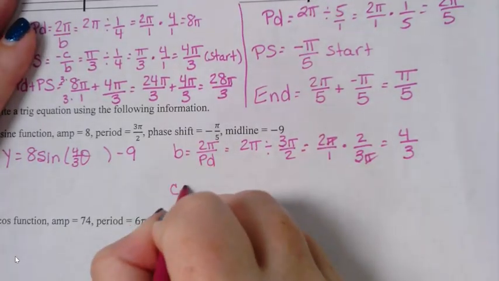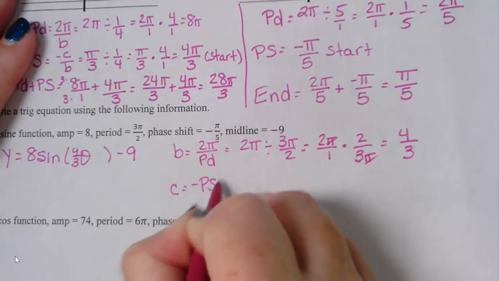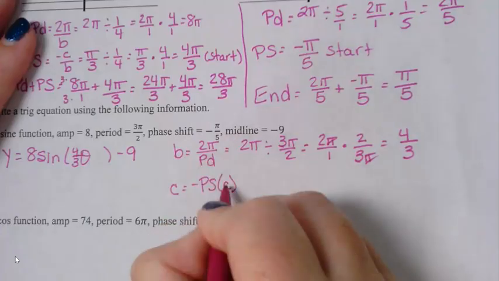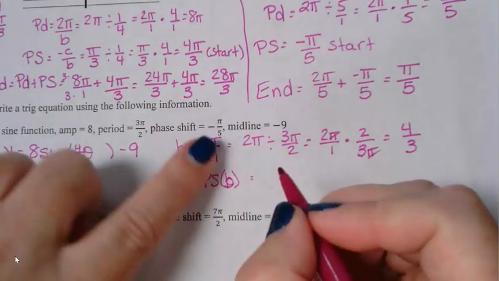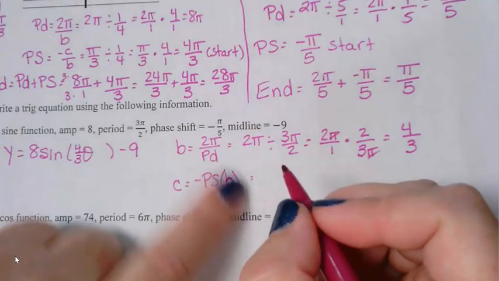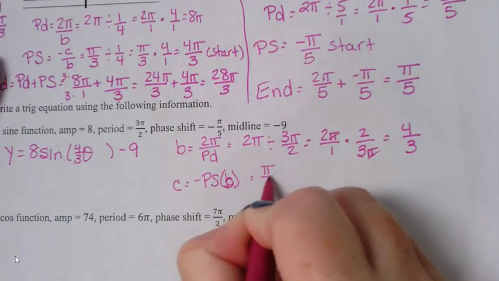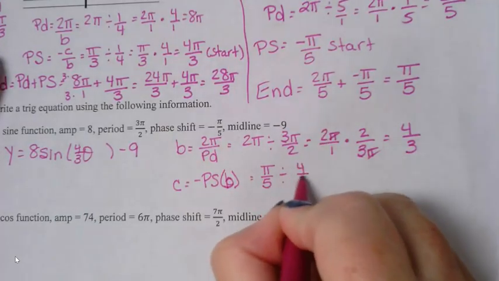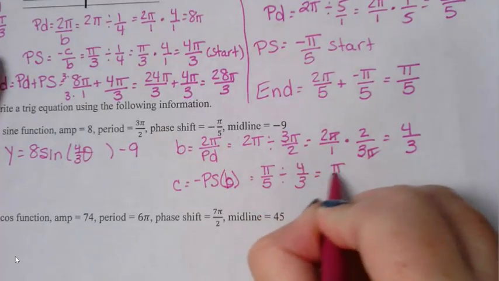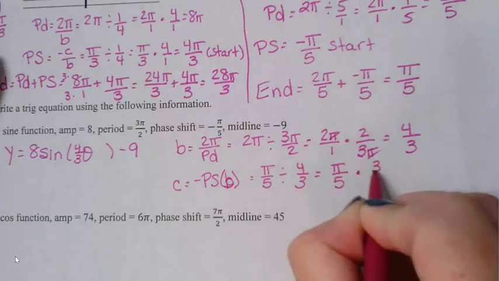And C is negative phase shift times B. Ooh, times B. Almost caught myself there. Okay, so my phase shift is already negative, so when I put it here, it'll become positive. Divide by my B. Keep, change, and flip.